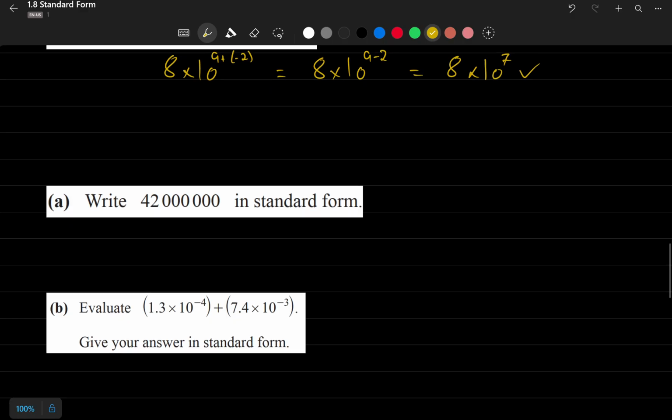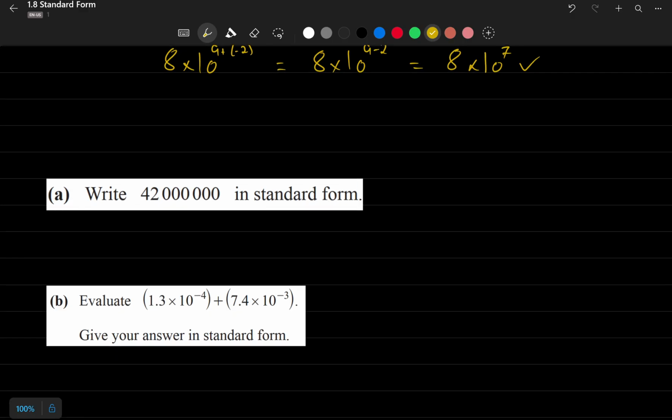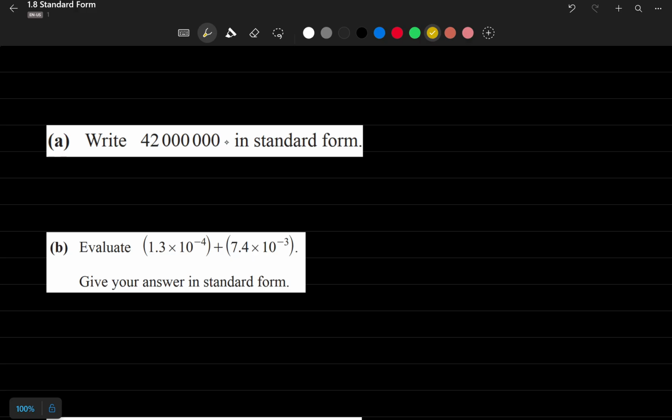Another question is, write this number in standard form. Now we know that the decimal lies here. To make this number standard form, this whole must be less than 10 and greater than 1. So we write 4.2 into 10.